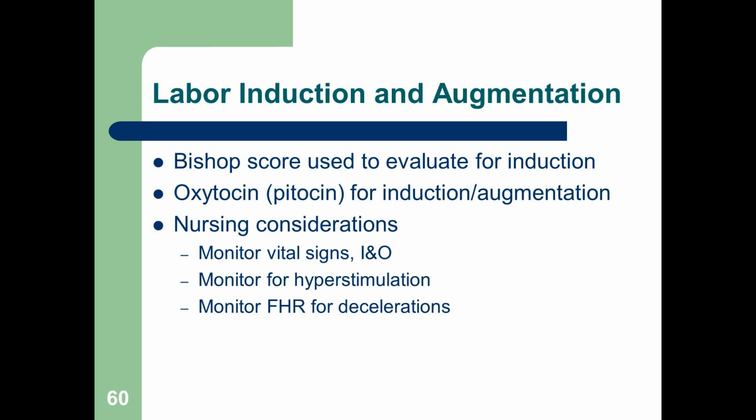So we use the Bishop score also to evaluate for induction, and that has to do with whether the cervix is ready and the contractions and the heart rate and such. And there's a table in your book. I'm going to refer you to that.